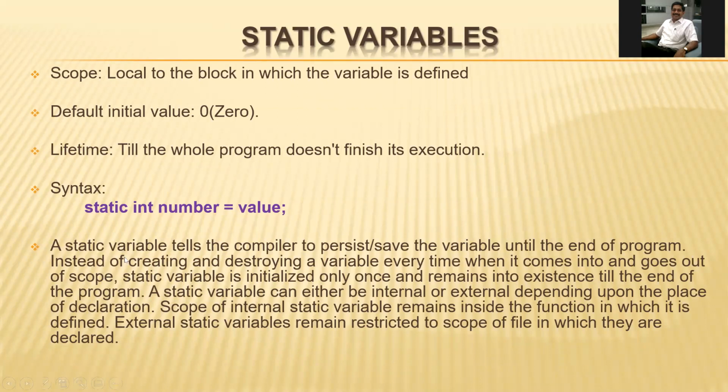So the static variable will tell the compiler to persist or save the value of the variable until the end of the program. So a static variable is a very simple variable. Okay, so it has two different kinds, that is static internal variable and static external variable also.